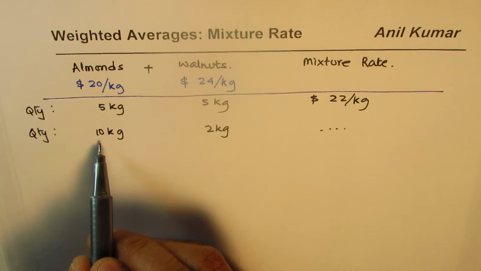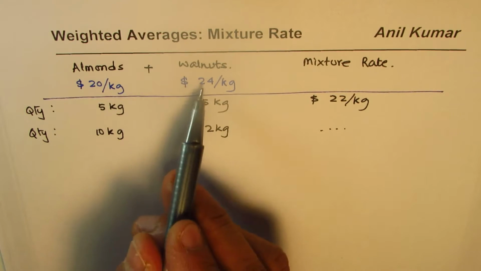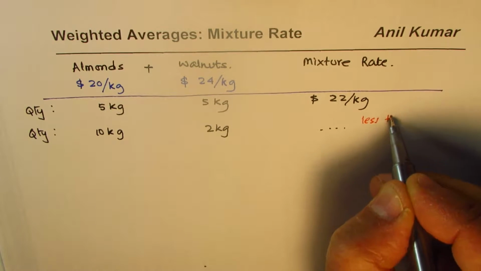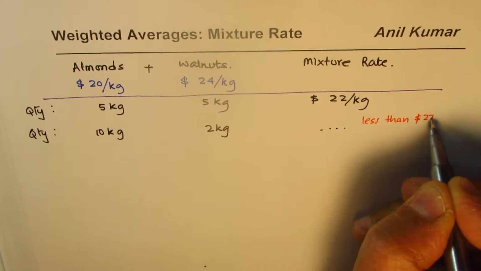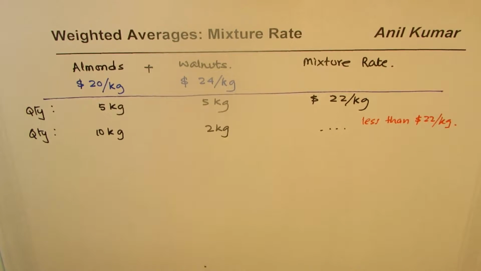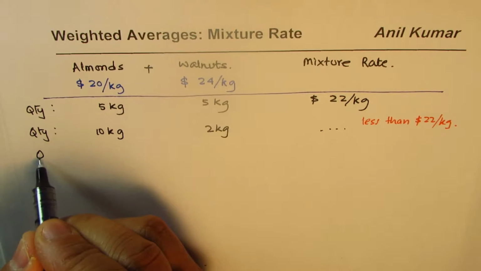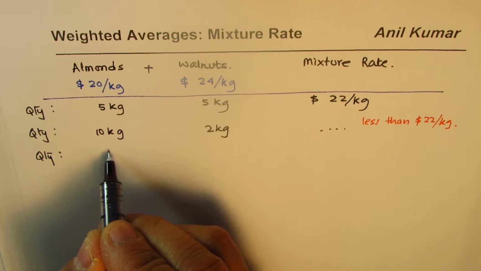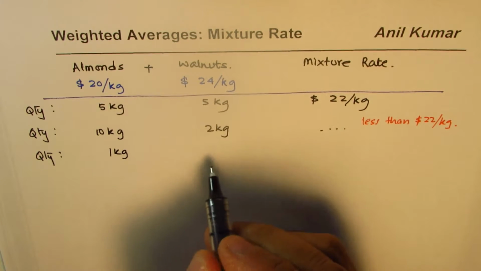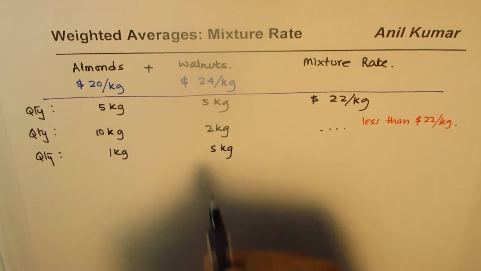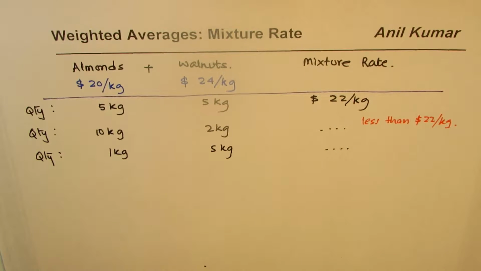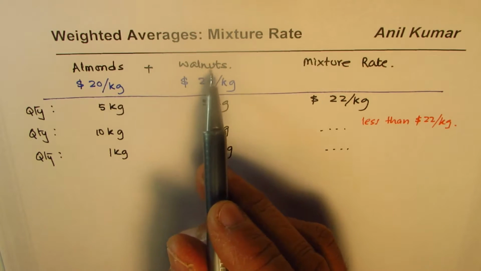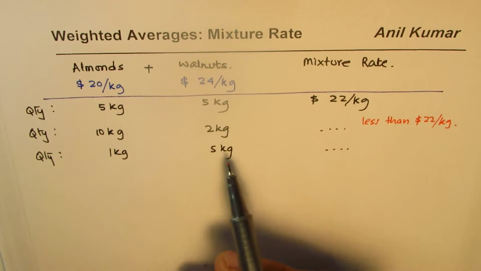Since we are using a higher weight of almonds, which are cheaper, we should have less than $1.22 per kg, correct? But if we reverse it, let's say we use 1 kg of almonds and 5 kg of walnuts, we expect the mixture to be closer to the rate of walnuts because more walnuts are placed here, correct? It makes sense.